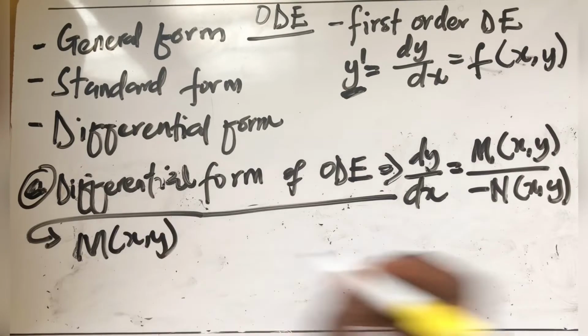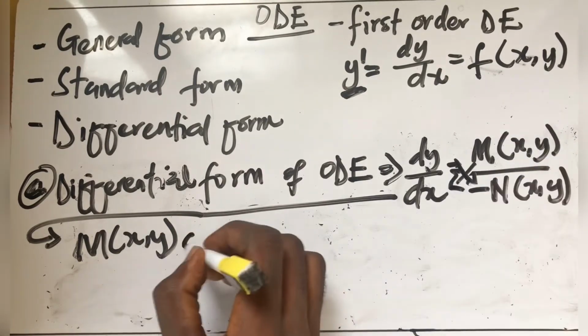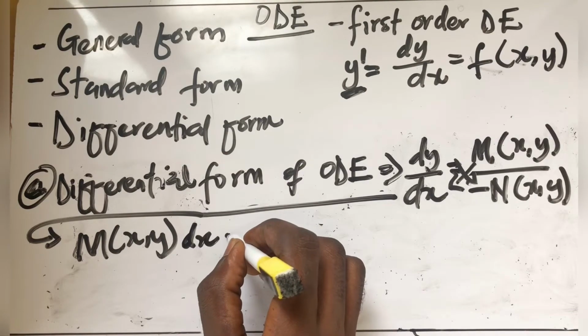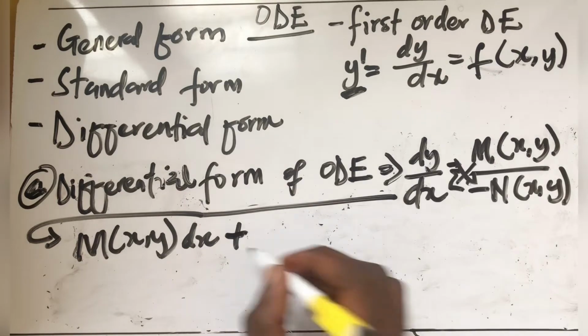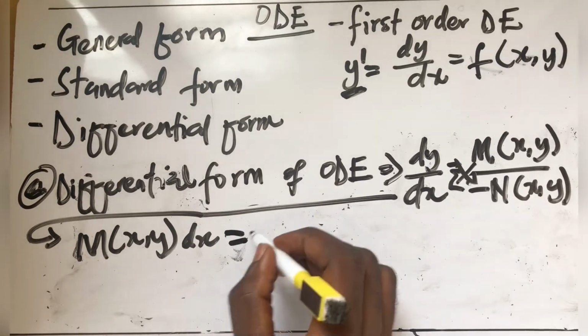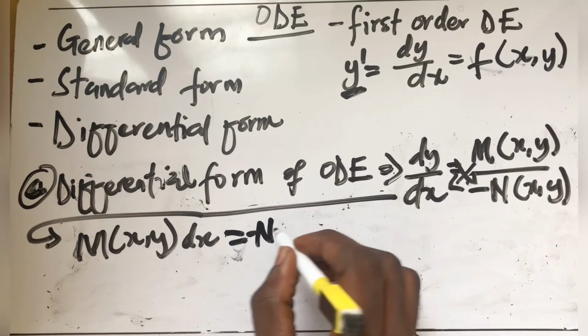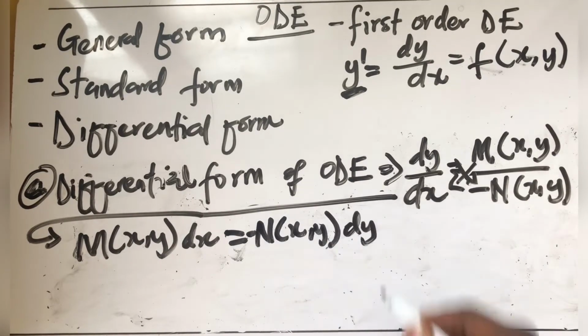x, y. We cross multiply: multiply this by that, we have dx, then multiply that by that, we have n of x, y, dy.